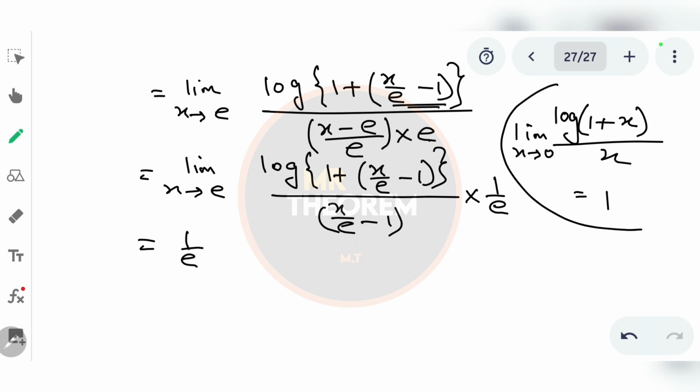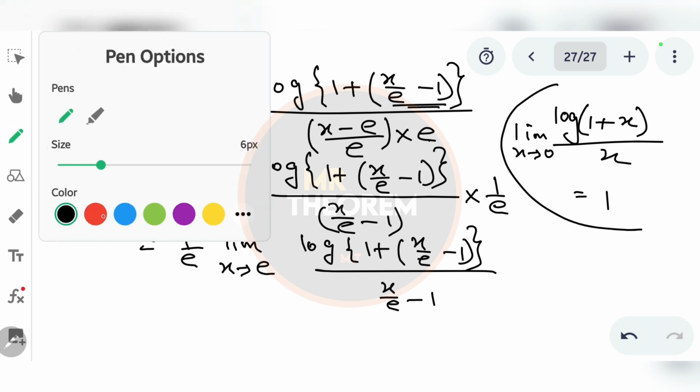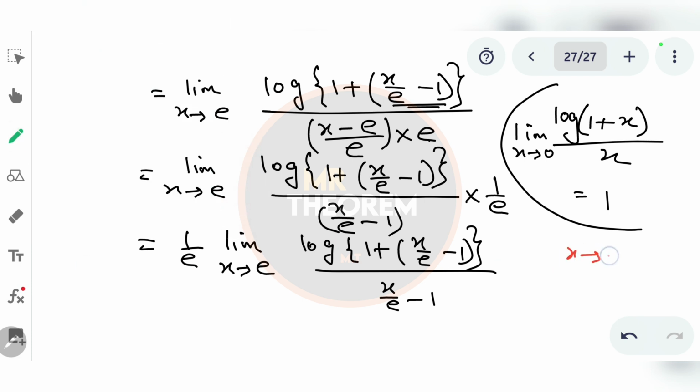Now 1 by e is constant, so it will be in front of the limit: limit x tends to e, log of 1 plus x by e minus 1, divided by x by e minus 1. Now we know that x tends to e from the question, so easily we can write x divided by e tends to 1 and x divided by e minus 1 tends to 0.